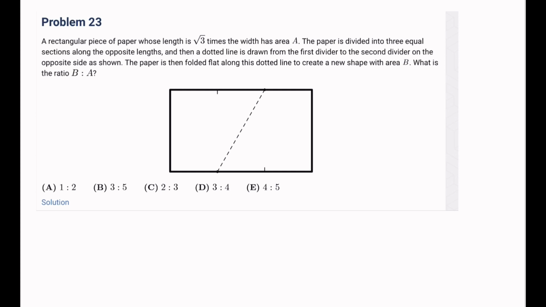Okay, since the length is root 3 times the width, but then this is divided into 3, so let's say that this whole length is 3, and so this would be root 3, right, because the length is root 3 times the width. And if these were divided into 3, then these individual sections would be 1, 1, and 1.